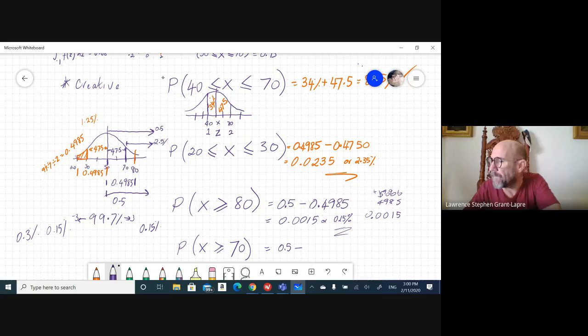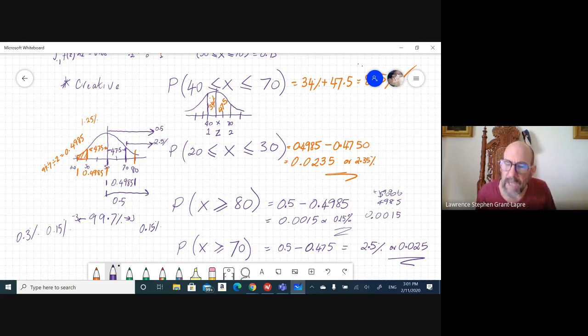Yep, that's correct. 0.5 minus 0.475 equals 2.5% or 0.025. If you used a calculator, it's more likely closer to 0.0228, but it's okay. These are approximate, not exact.